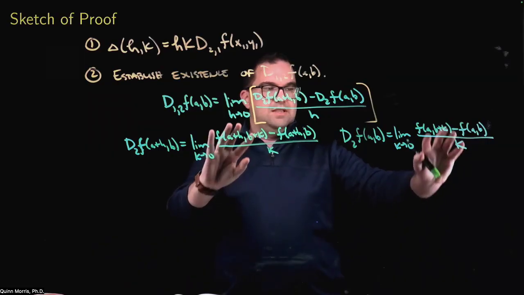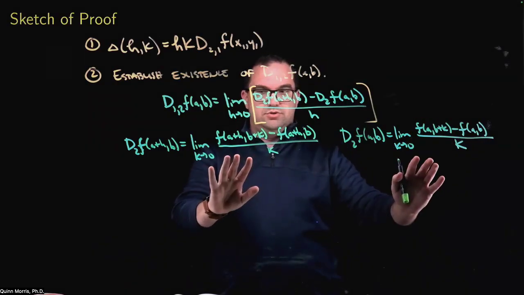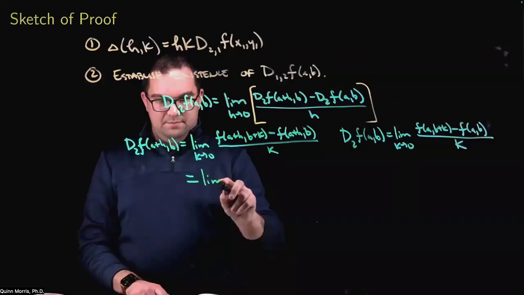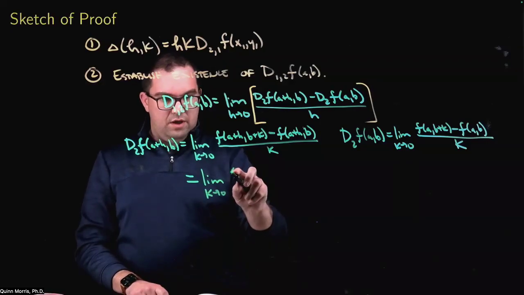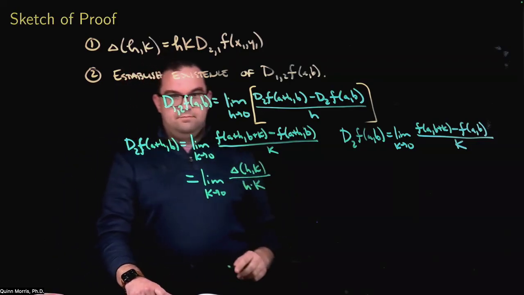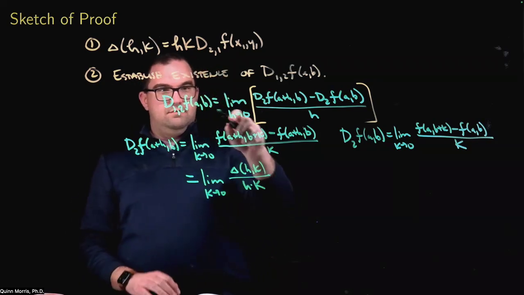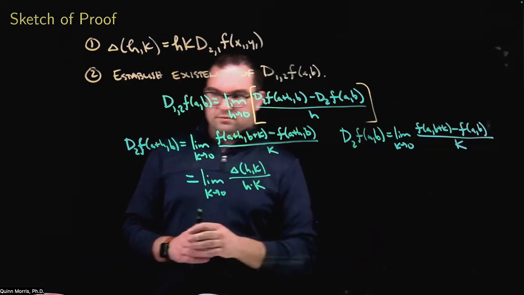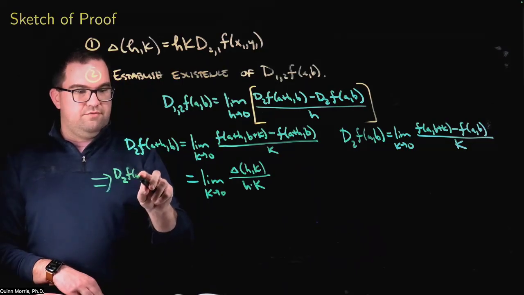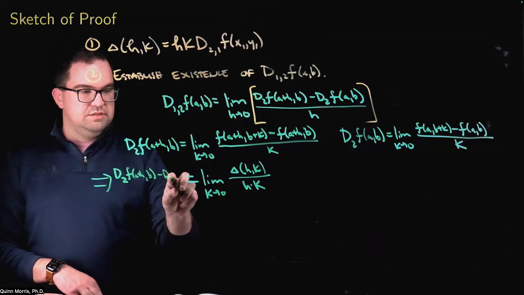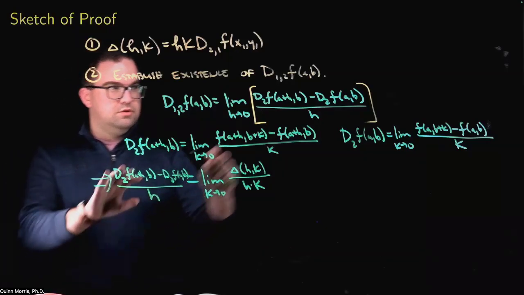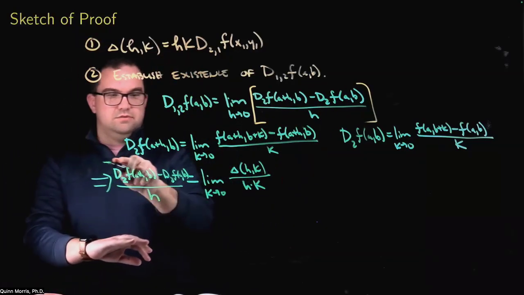You would do this limit minus this limit divided by H, and you can break the limits apart, and what you get is that the difference quotient, D2 F of A plus H, B minus D2 F of AB all over H, in the orange brackets, is equal to the limit as K goes to 0 of delta HK all over H times K.